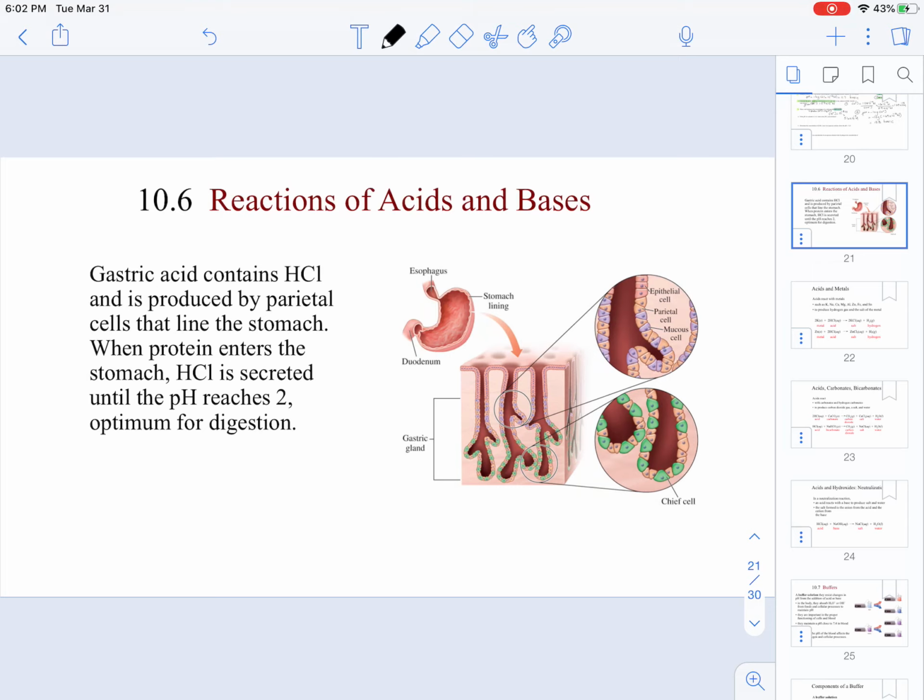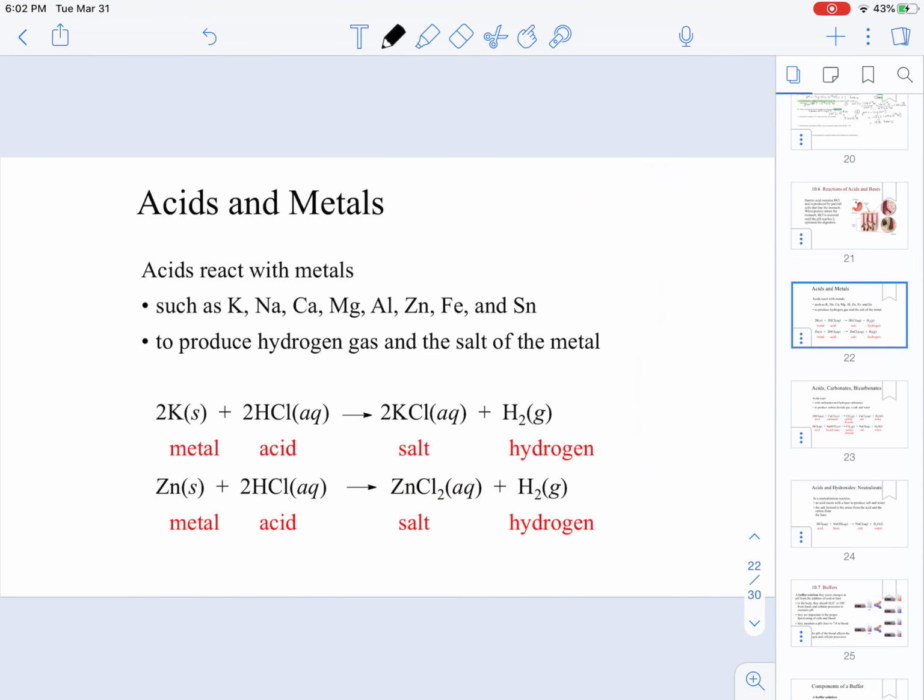When it comes to the reactions for acids and bases, the first one we're going to observe is how acids react with metals. These reactions are not far from the different classifications you learned in chapter 7.